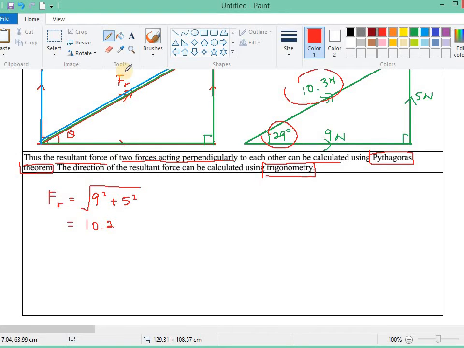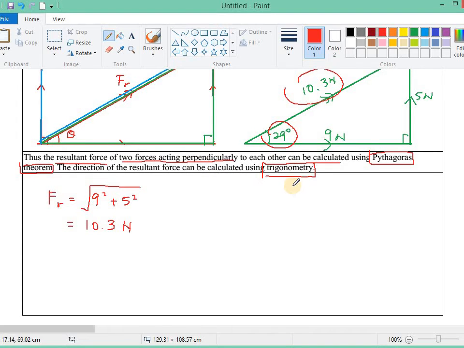If we round off, we will get 10.3 Newton. You see, it is exactly the same as from our parallelogram, from our scale diagram. 10.3 Newton.